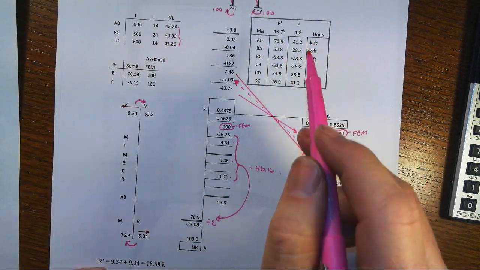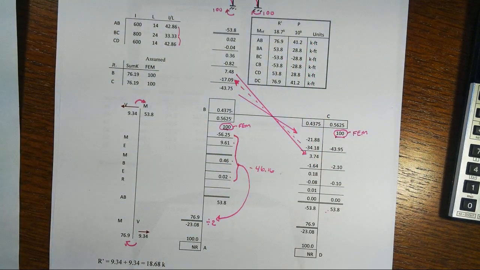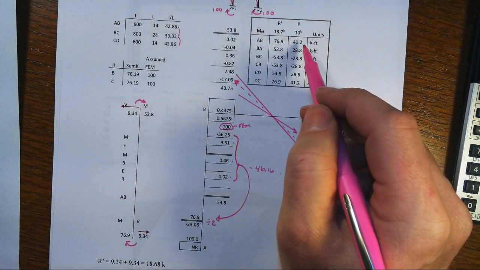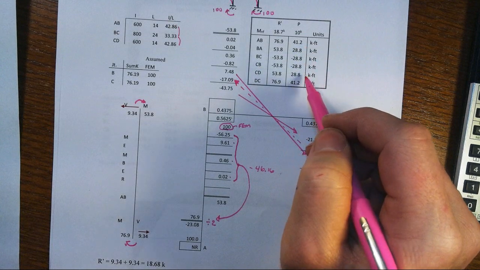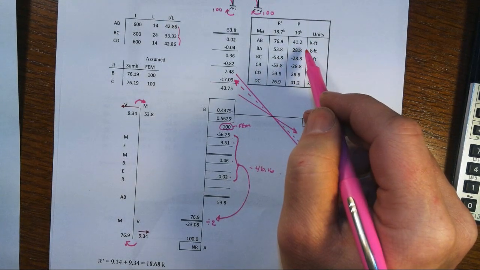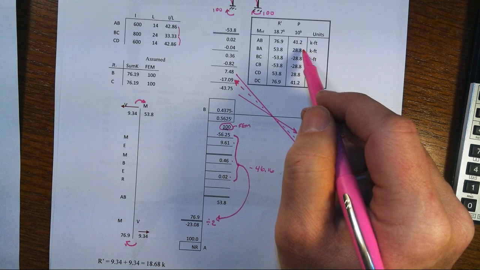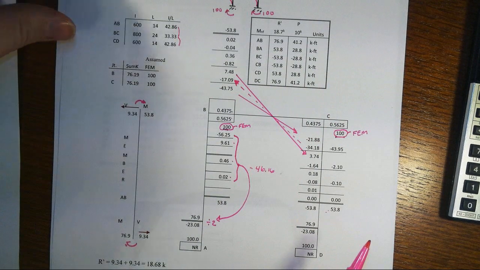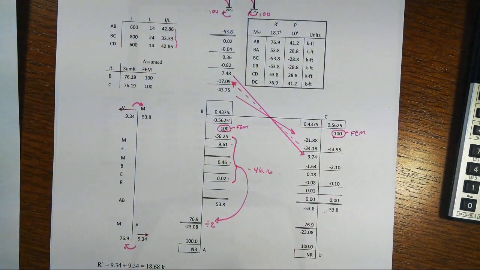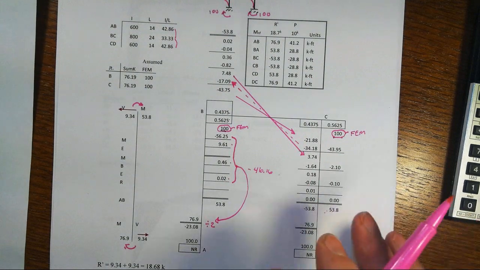It's kind of interesting to note that we estimated before that every single one of these end moments would be about 35 foot kip, and they have turned out to be a little bit different, that the inflection point was not quite where we thought it would be. It's actually been a little bit higher than what we thought it would be. We could go through the math there to figure out where that would be without any difficulty, right?